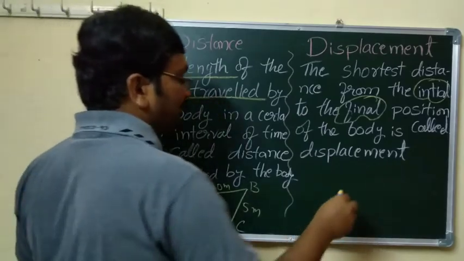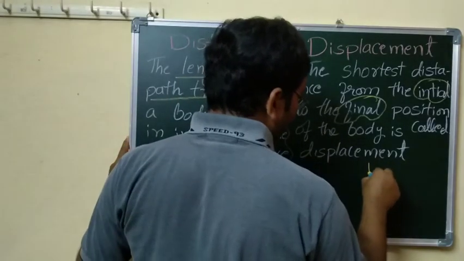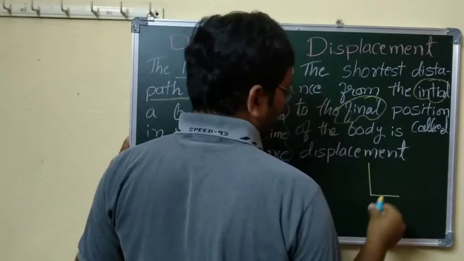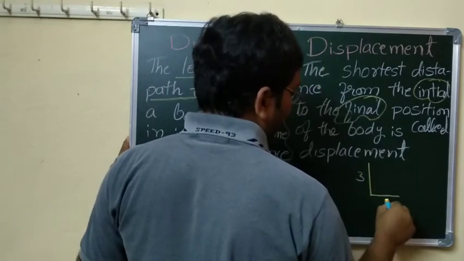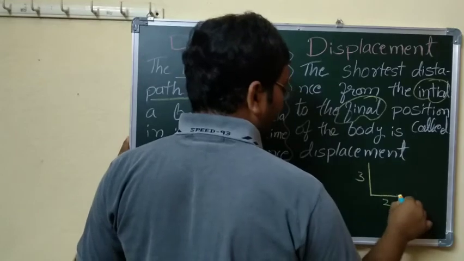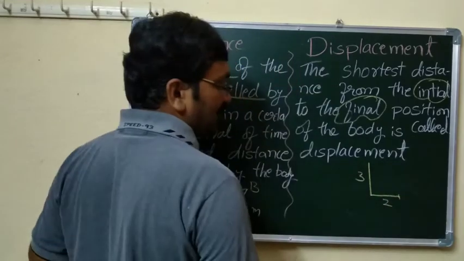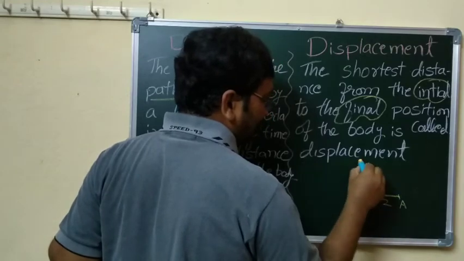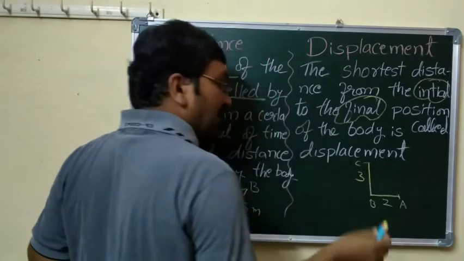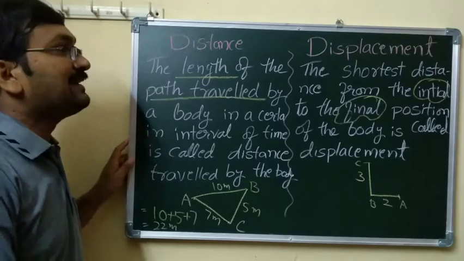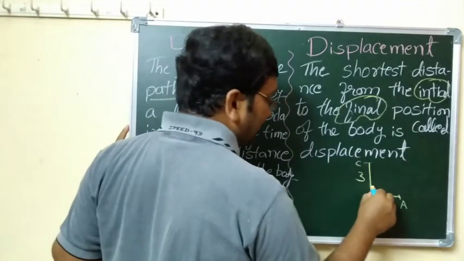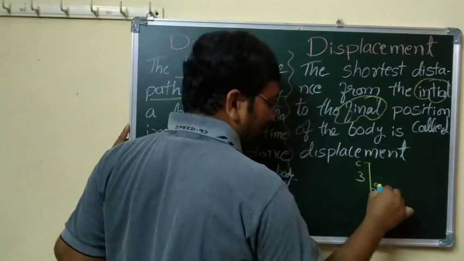Now a person started from A, reached B, and finally reached C. How will we calculate the displacement here? The condition is that it is a right angle, 90 degrees.